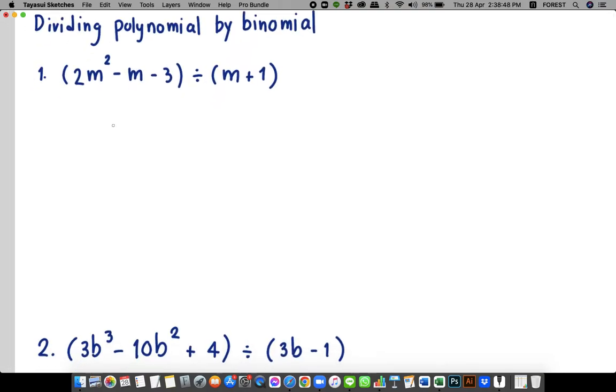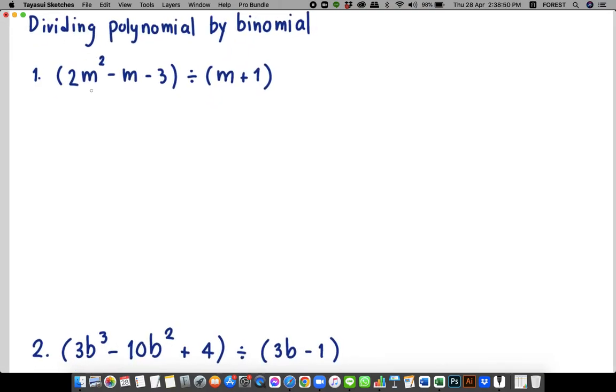So what are we going to do? Since we know that 2m squared minus m minus 3 is divided by m plus 1, we're going to write m plus 1 here and put the division sign here, and the dividend is 2m squared minus m minus 3.